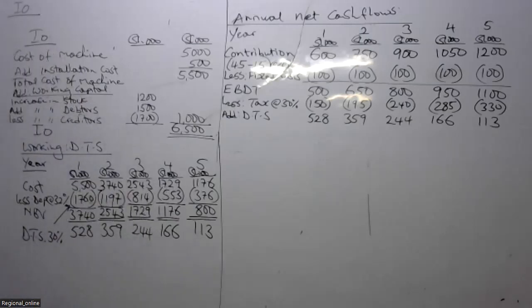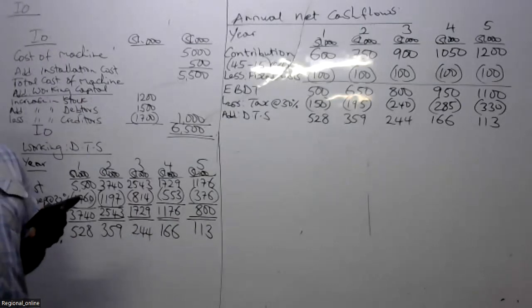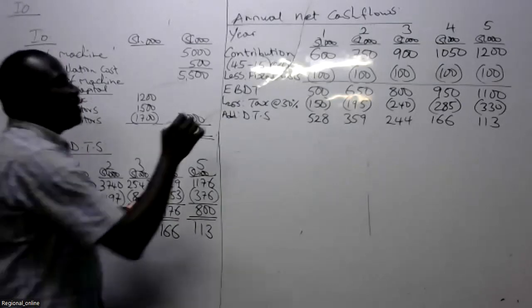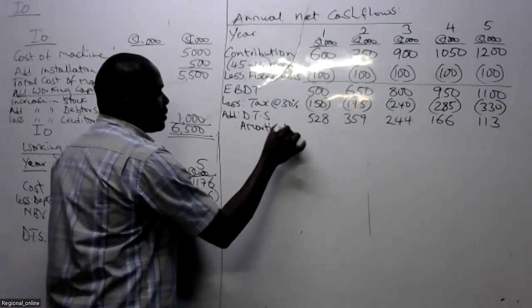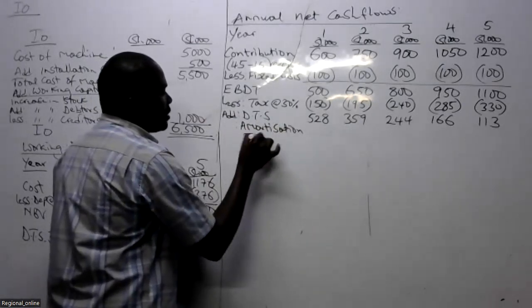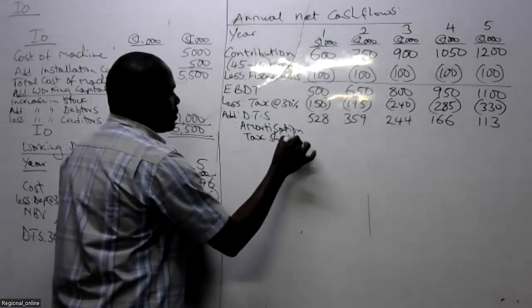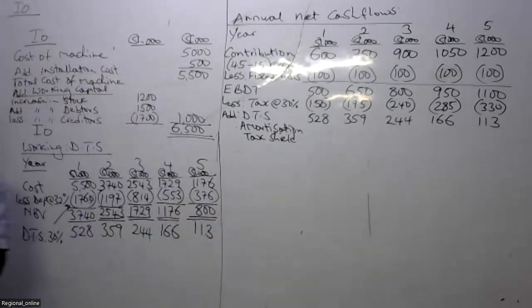When are we carrying out the overhaul? In year 2. So it will be depreciated from which year? From year 3. So for how many years? Year 3, 4, and 5, so 3 years, right? So here we also want to add the amortization tax shield, like we did the DTS. This is straight line basis.